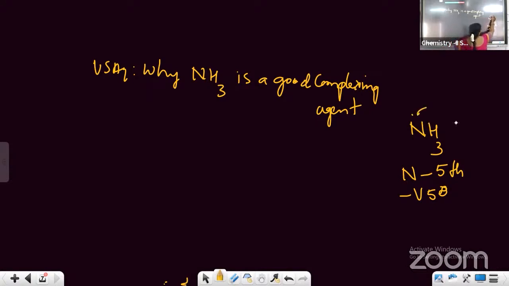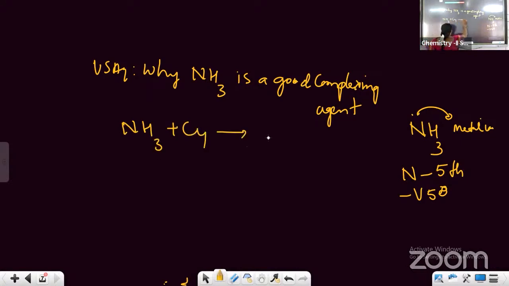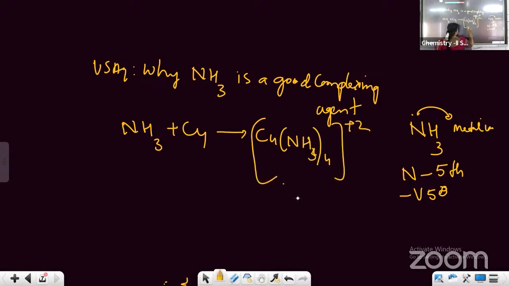This lone pair of electrons can be donated to any metal ion, and thus it forms complexes. For example, ammonia reacts with copper; we have already seen this yesterday. It reacts with copper to give tetraamine copper(II), which is a deep blue colour complex.